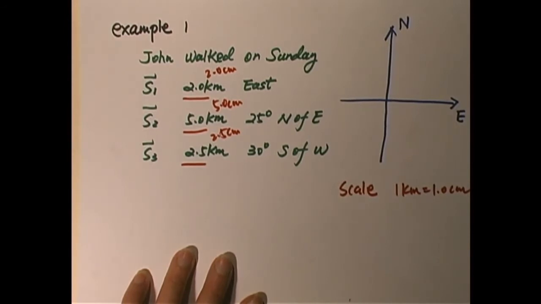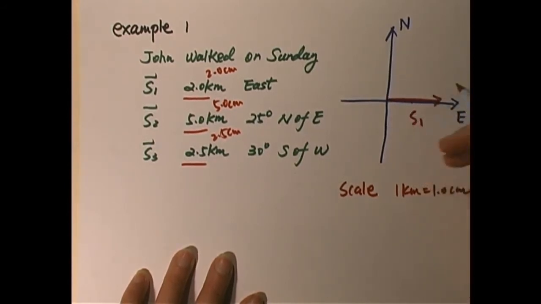S1 is 2 kilometers east, that's easy because we just use 2 centimeters if we have a ruler, and that is our vector S1. S1 is 2 centimeters east. S2 is 5 centimeters 25 degrees north of east.